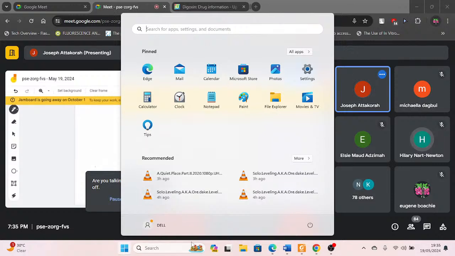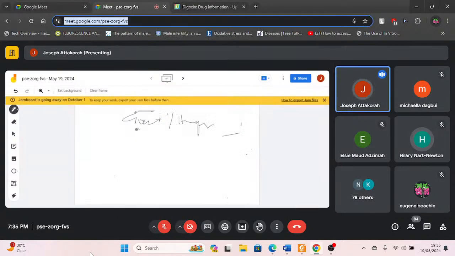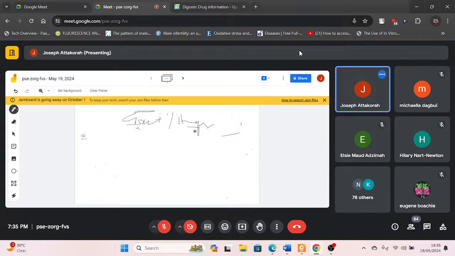So gout and hyperuricemia. What is the difference between them? When you talk about gout, we say it is an inflammatory joint disease caused by hyperuricemia, high levels of what?